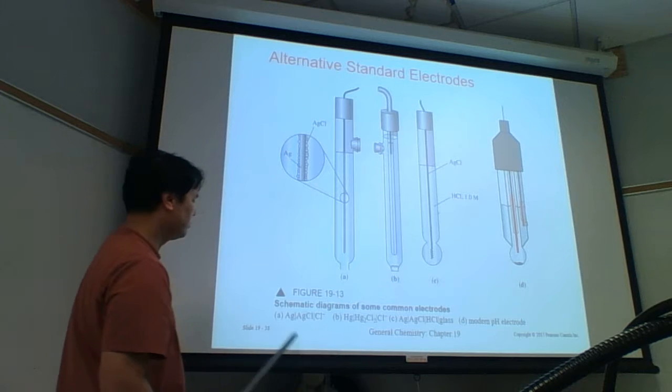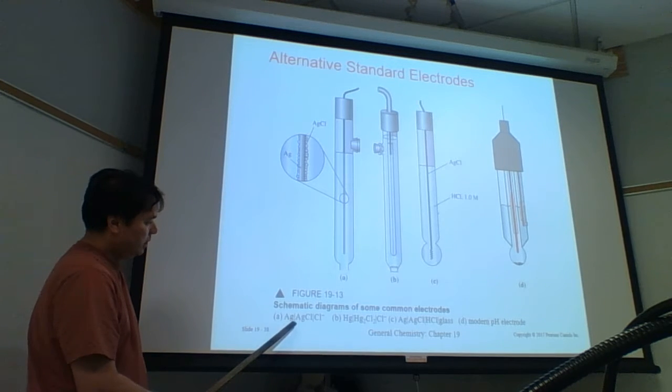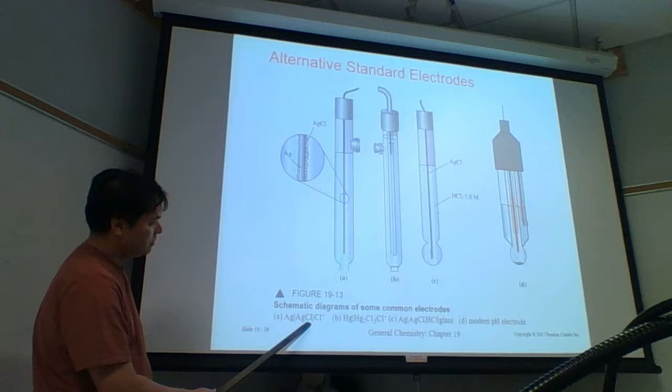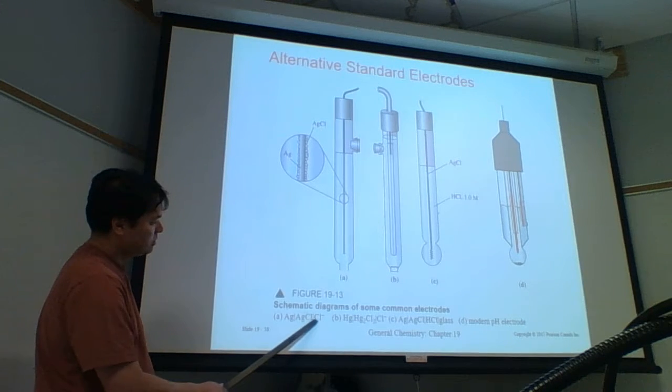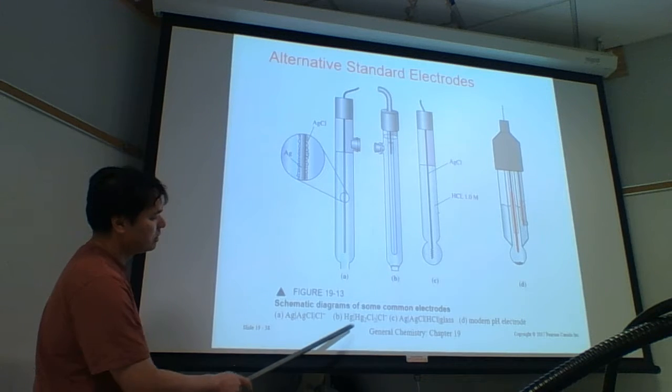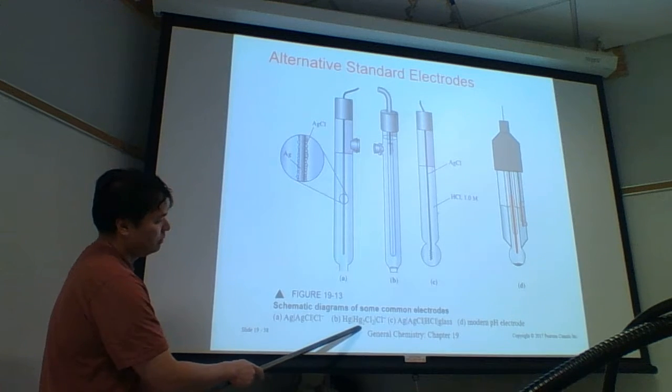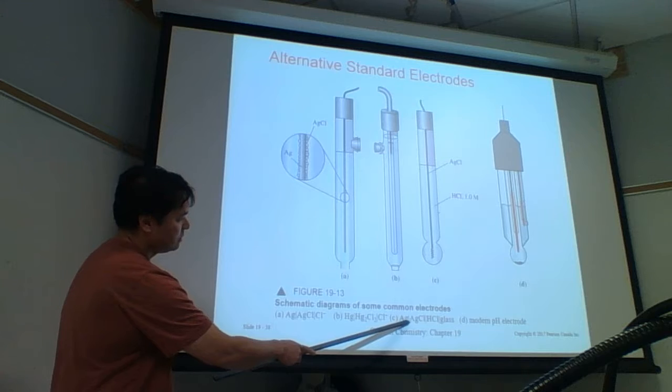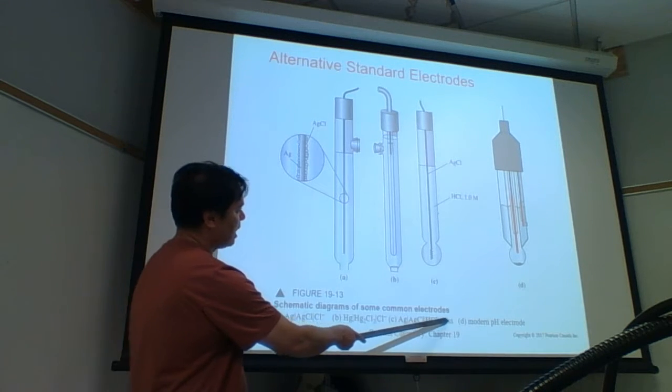Some of these electrodes are kind of funky, like silver. Here it's a silver chloride, and so it's kind of a weird half reaction there. And then we've got the mercury, and the mercury(I) chloride, and the silver chloride HCl glass.